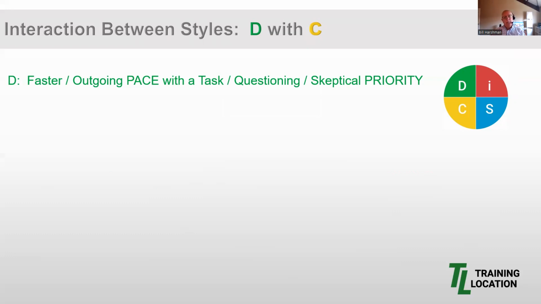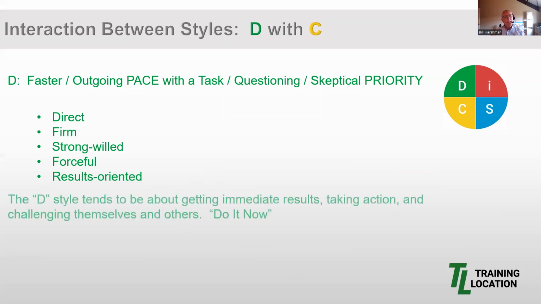Now, this style of the D is coupled with a task or questioning or skeptical priority. Other descriptors of that D style might include, we've gone through them before, direct, firm, strong-willed, forceful, results-oriented. Now, the D style tends to be about getting results, immediate results specifically, taking action, and challenging themselves and others. If they had a motto, it would be do it now.